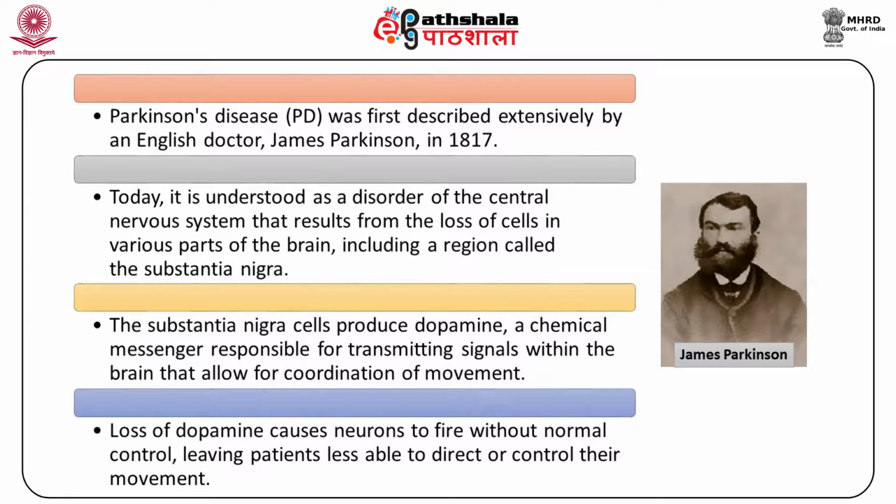The substantia nigra cells produce dopamine, a chemical messenger responsible for transmitting signals within the brain that allow for coordination of movements. Loss of dopamine causes neurons to fire without normal control, leaving patients less able to direct or control their movement.